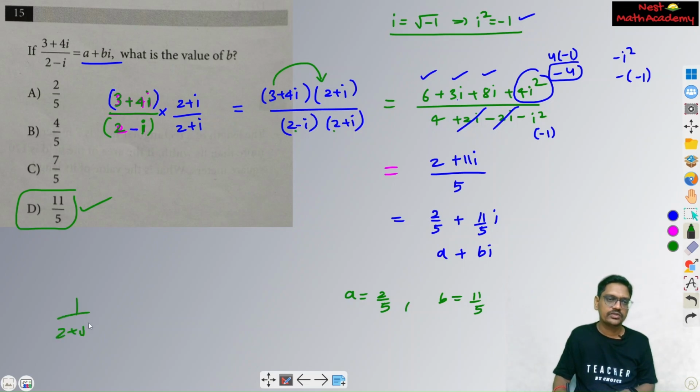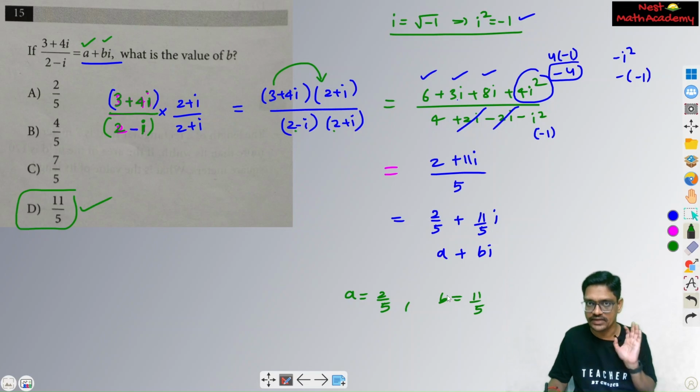If you have 2 plus root 3, we multiply with 2 minus root 3 to rationalize the denominator. Similar sense. Finally, the objective is to bring it back to standard form where I can identify the real part and imaginary part separately, compare with the right hand side and get the A and B values.